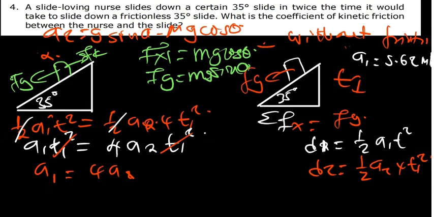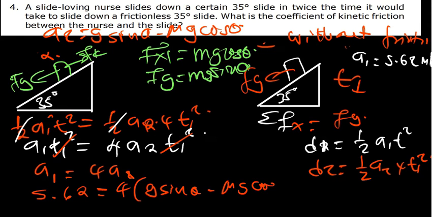Let's plug in the values. Our a1 is 5.62, which is going to be equal to 4 times a2. What is our a2? Our a2 is g sine theta minus mu g cos theta.